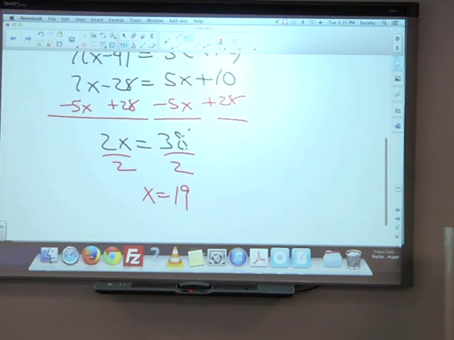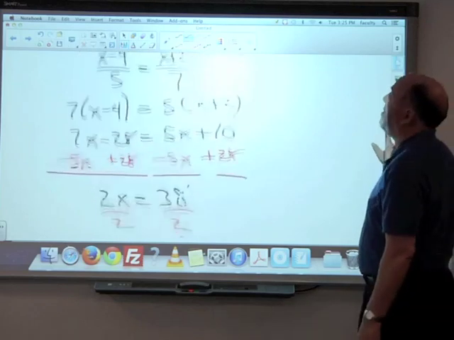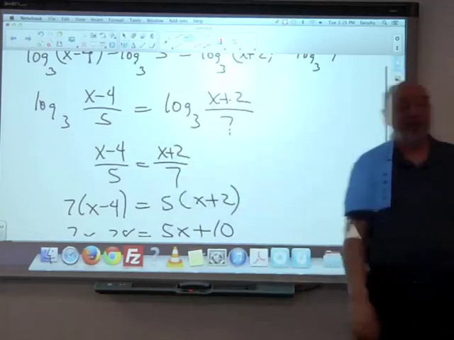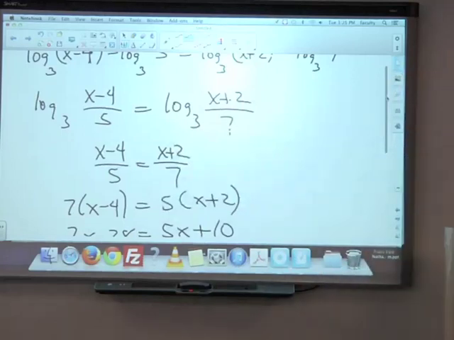Now again, like I said, I had to play with the numbers because I need to make sure that when I actually get an answer, here I got x is 19, when I plug that number in, I do not violate the fact that originally this was a logarithmic problem.